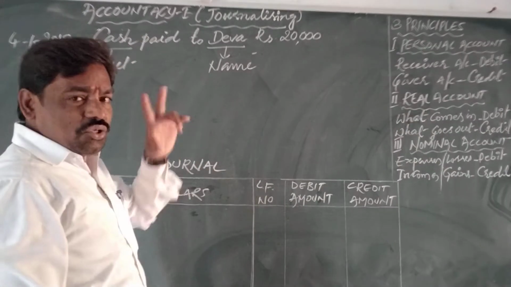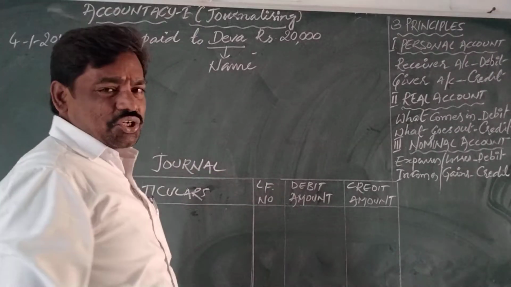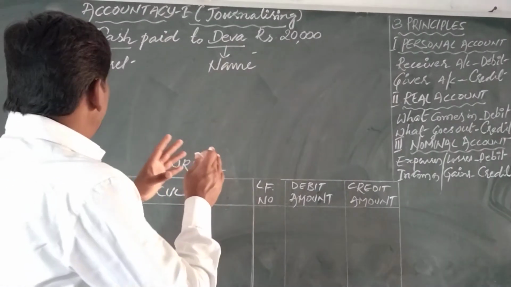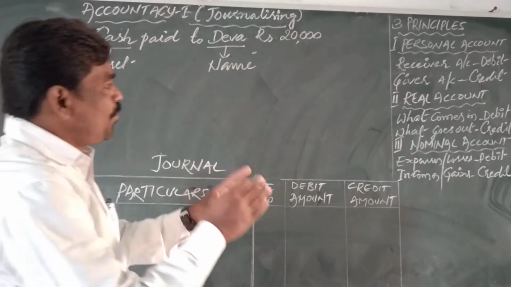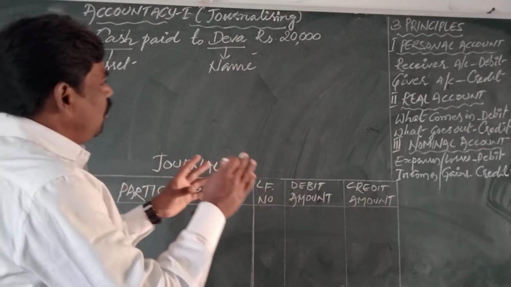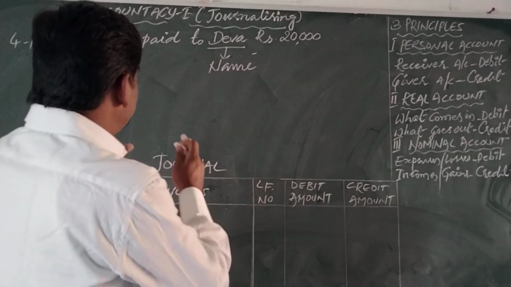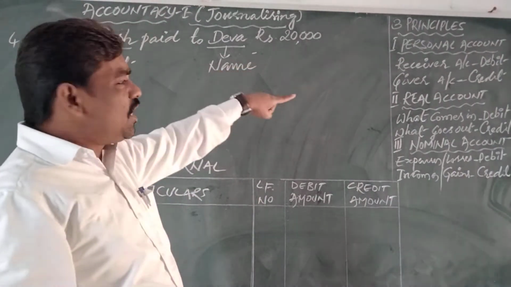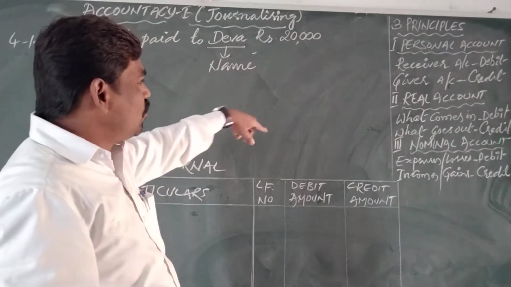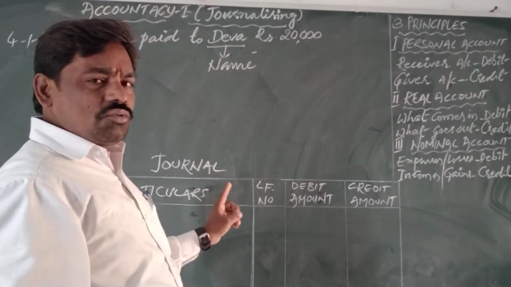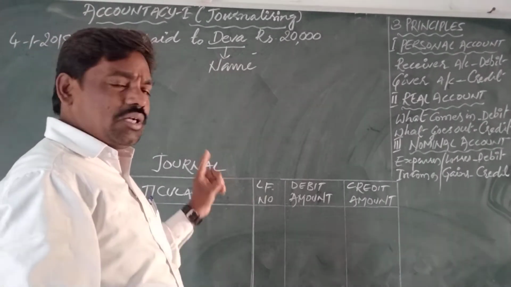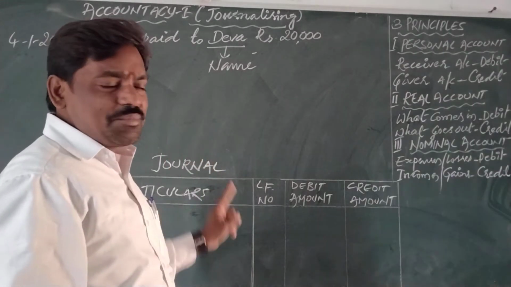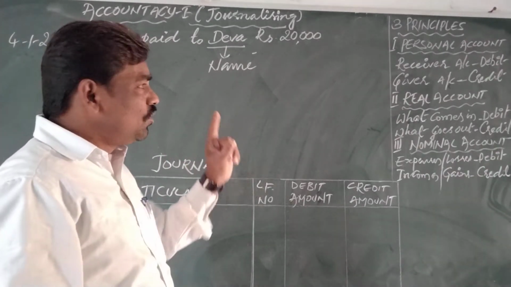After finding two aspects in the business transaction, now we use the appropriate account suitable for these aspects. Name is related to which account? Personal account. Why? Because names of persons, institutions, banks and companies are related to personal account.